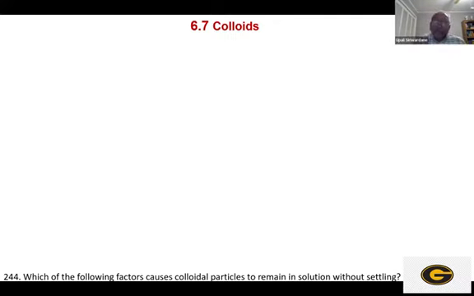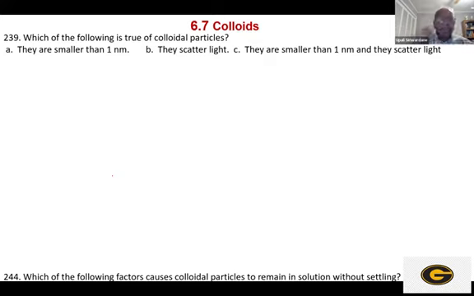Let's talk about colloids and go through some problems. Which of the following is true of colloid particles? Particle size is less than 1 nanometer. That's not true. Scatter light, that's true.